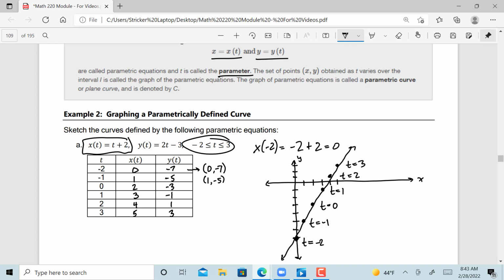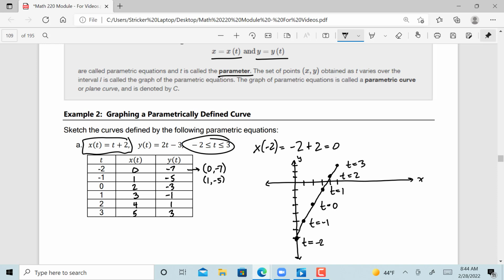Now my graph was not perfect, but this definitely forms a line. Actually, I did not draw that line correctly, because this line was only defined between t equals -2 and 3, so our line should start at t equals -2 and end at t equals 3.